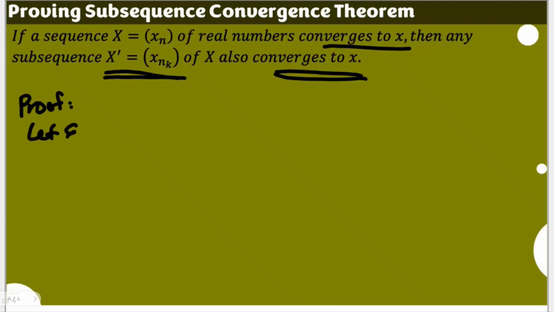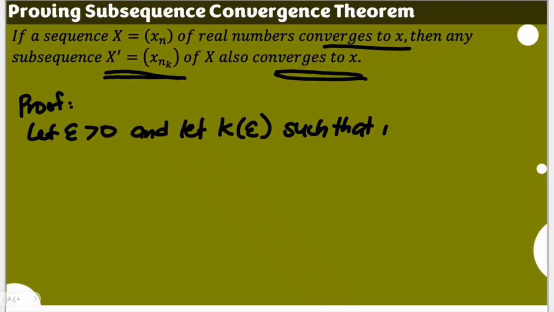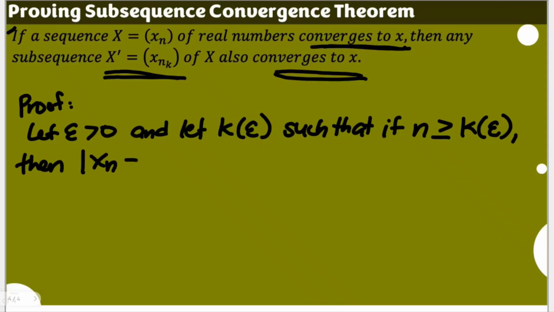Let a certain epsilon be greater than 0, and let K of epsilon be present such that if a natural number n is greater than or equal to K of epsilon, then the absolute value of x sub n minus x is less than epsilon.